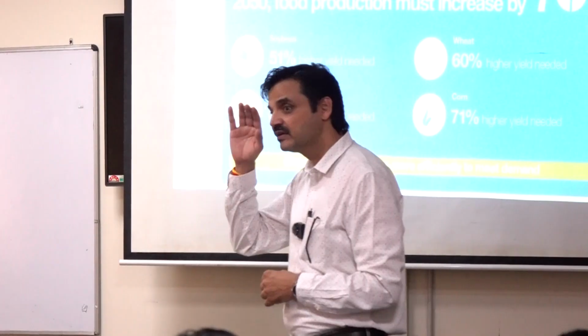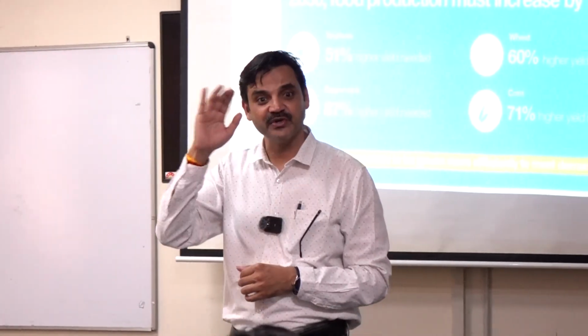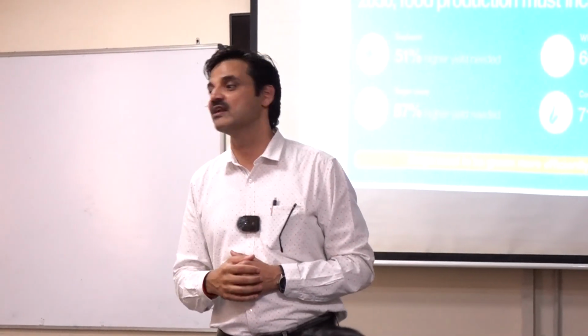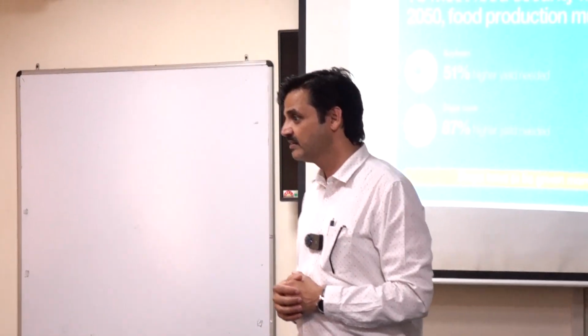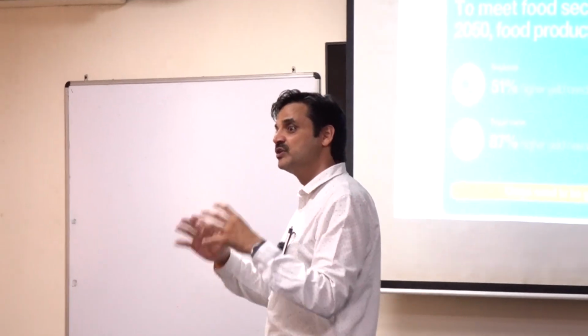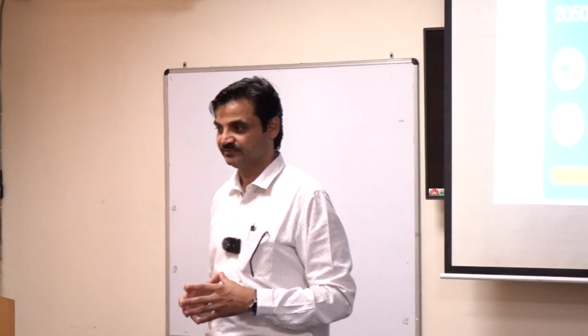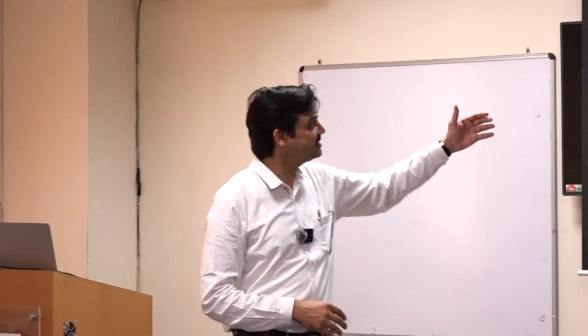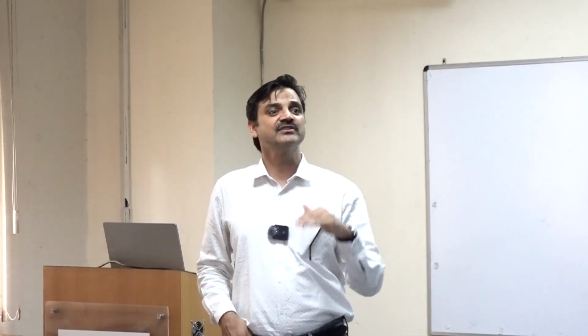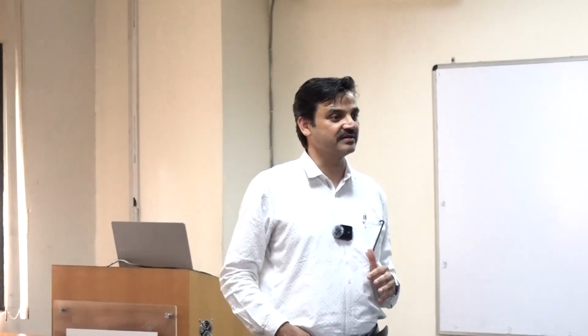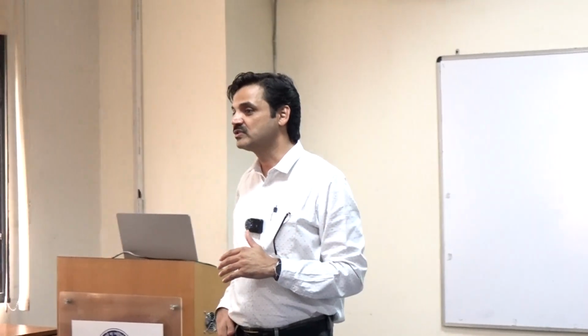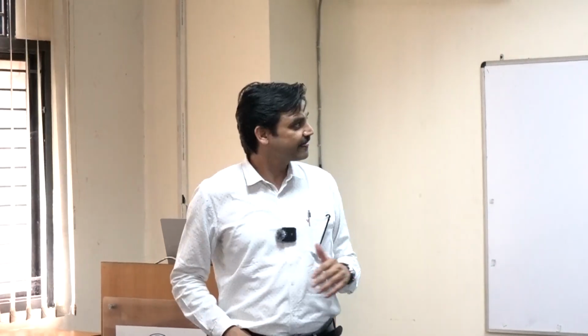If we need to keep that security in our head, that food is there in the canteen at lunchtime, you need to increase the production. The projected estimation is 50%, 60% in wheat. Can you imagine, whatever wheat we have today, we have to increase at least 61% more of the existing produce in the coming two to three decades, right?